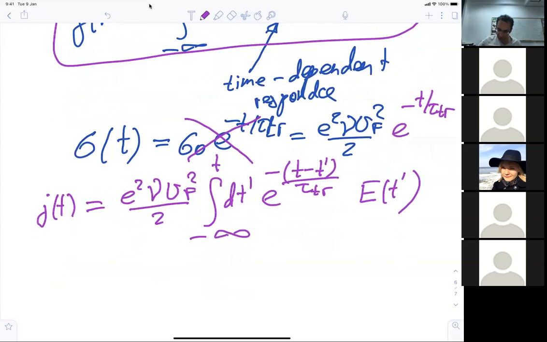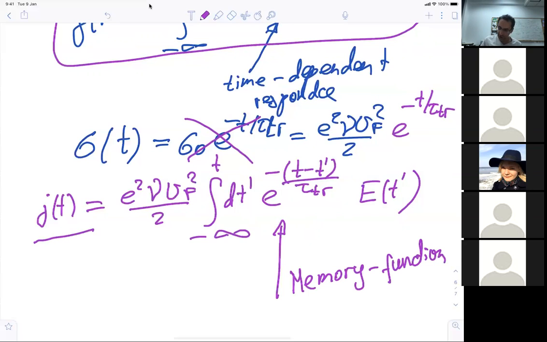This object inside the integral is frequently called the memory function. It shows how fast the current at the time t decays due to the response at the time t prime.